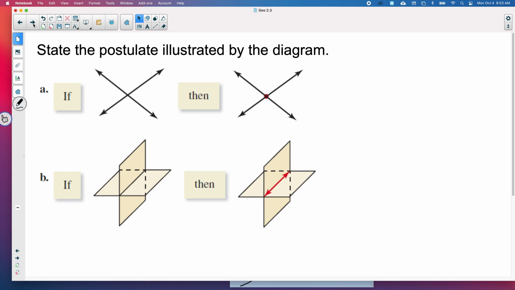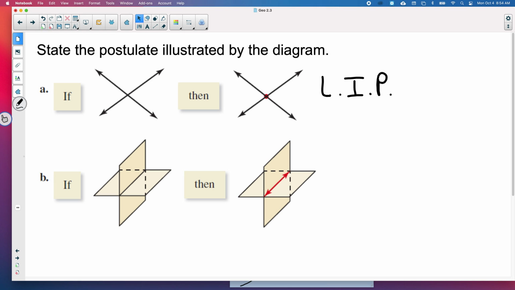It says state the postulate illustrated by the diagram. It's showing that if you have 2 lines crossing, then it shows this point here. Which one of those postulates would that be? Line intersection postulate, where 2 lines intersect at a point. And you can abbreviate these because I did. I just said line intersection postulate.